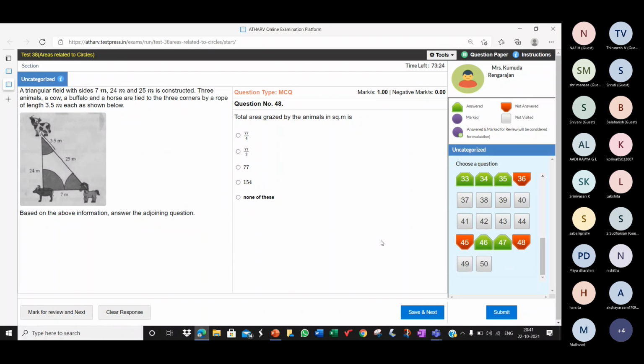Shakti says 77 and Srinivasan says 77 by 4, is it? Yes, ma'am. Okay.